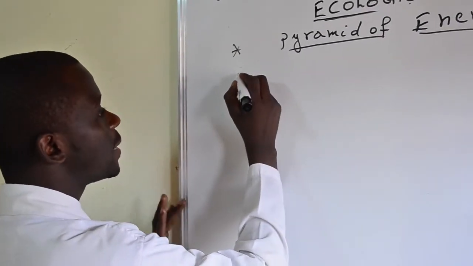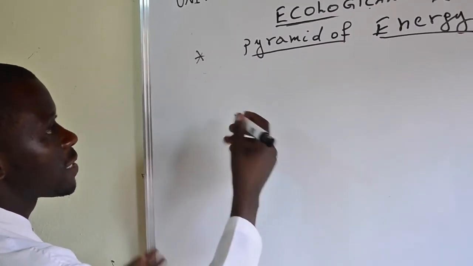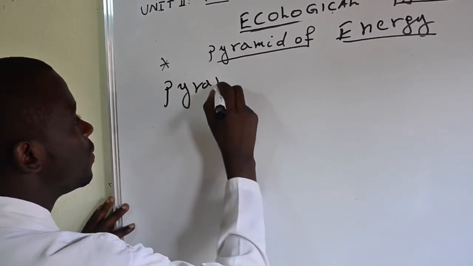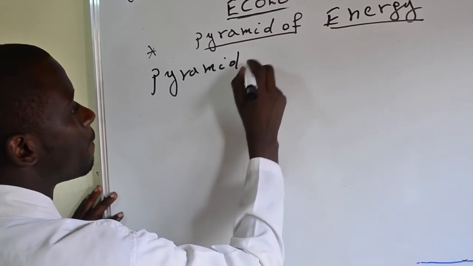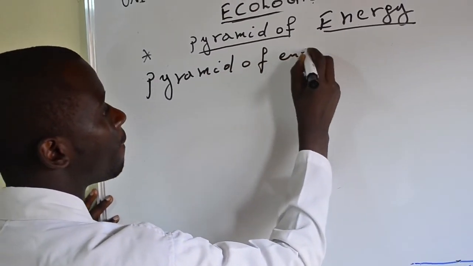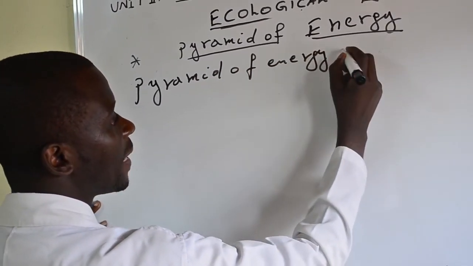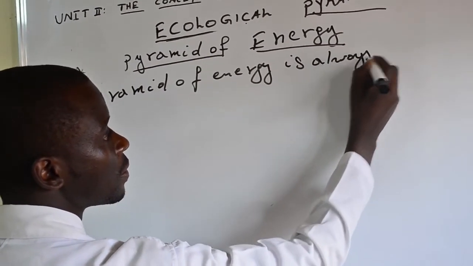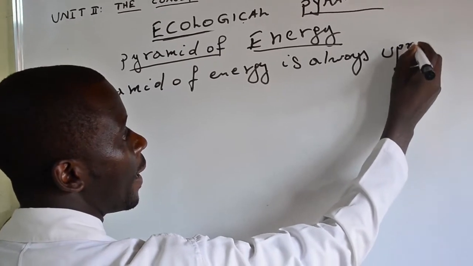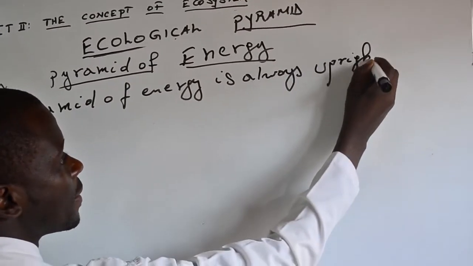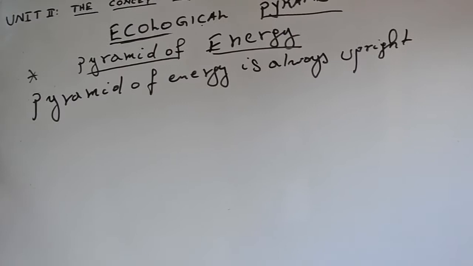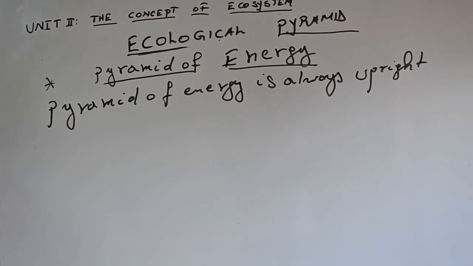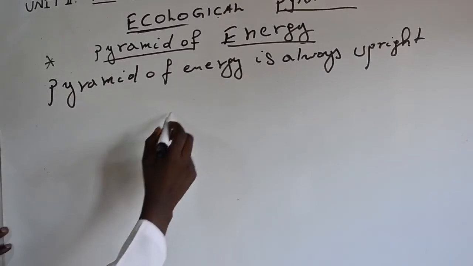The exception is that, compared to the first two pyramids, the pyramid of energy is always upright, which means we never have a pyramid of energy which is inverted, okay? It is always in this form.